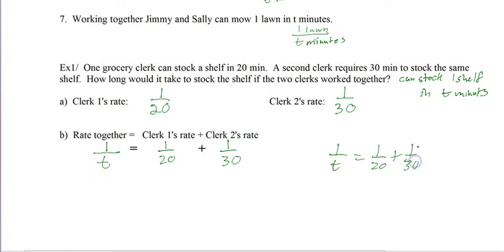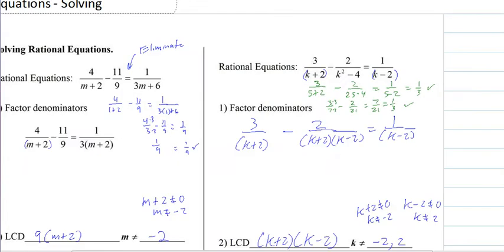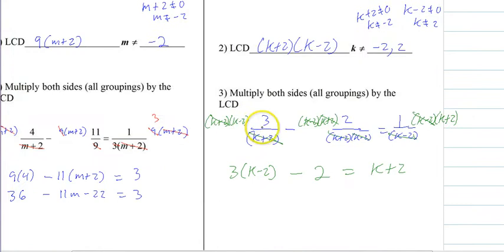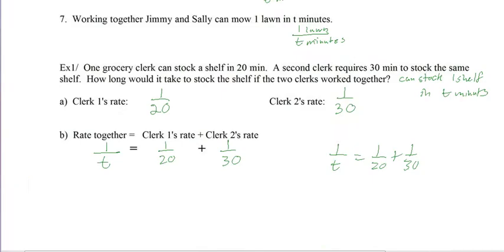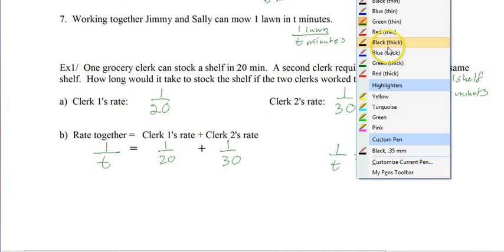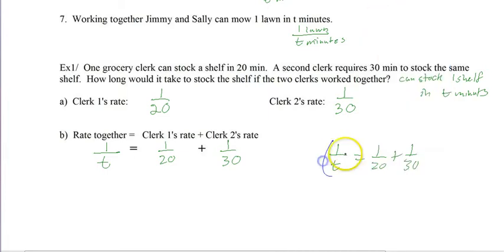And that's our equation. So if you add the two rates together, it would give them their rates together. And we go back to the equation solving that we learned here, and that's to find a common denominator, multiply by that common denominator, and then solve the resulting equation. So, common denominator here would obviously involve a T, and then the LCD of 20 and 30 is 60.